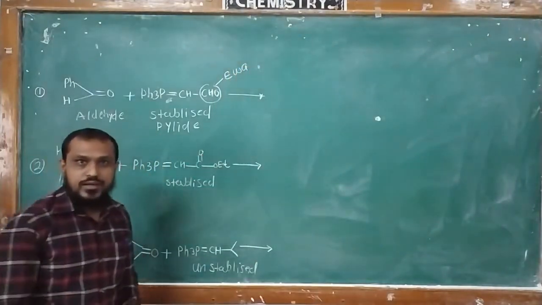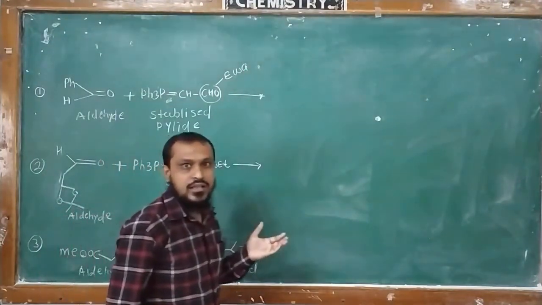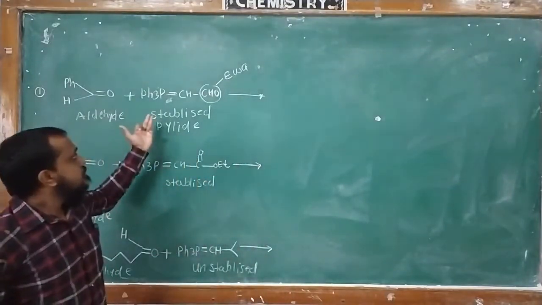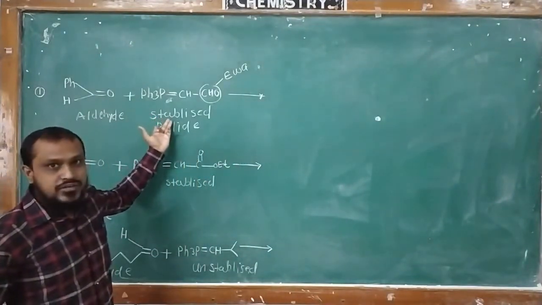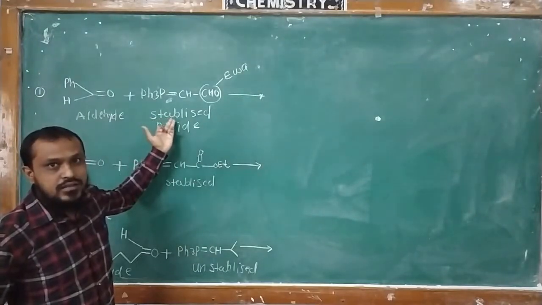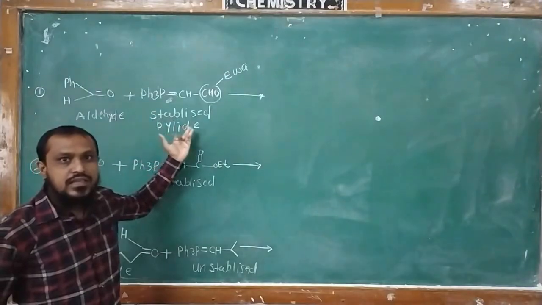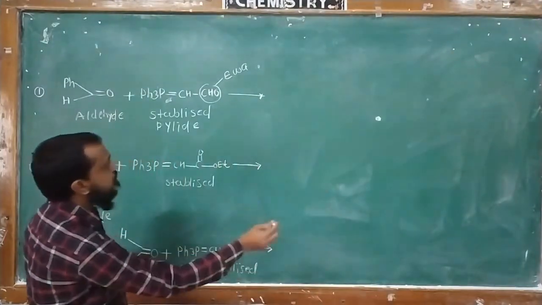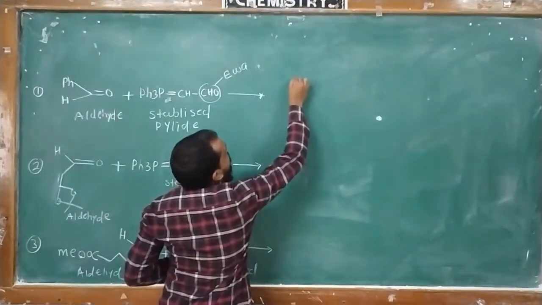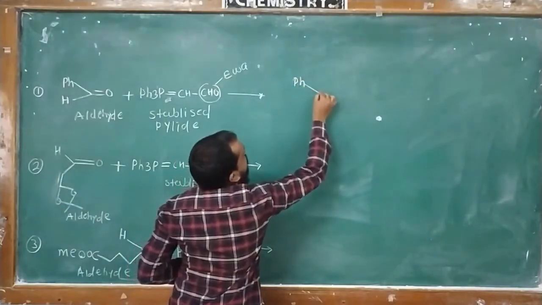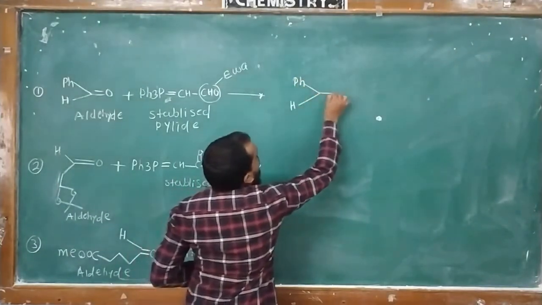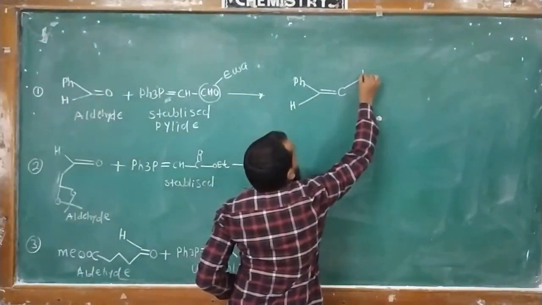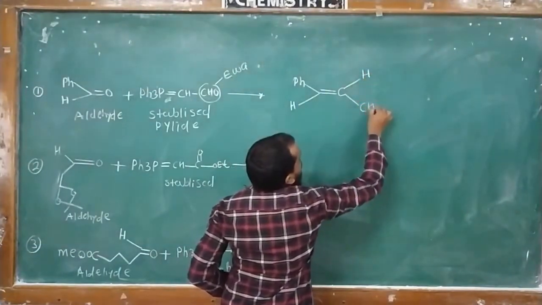So the product obtained here is Ph-CH=CH-CHO.